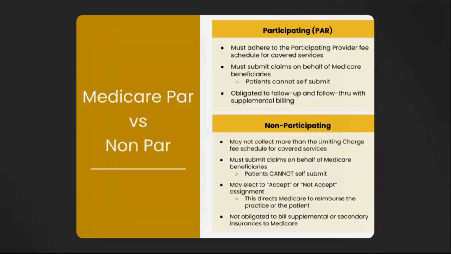While there are several similarities between participating and non-participating status, such as that we must adhere to the fee schedule allowed for that enrollment type, meaning if you're participating, you have to use the participating fee schedule. If you're non-par, you are eligible for the non-par fee schedule, but you may use the limiting charge, rounding that to the nearest dollar.